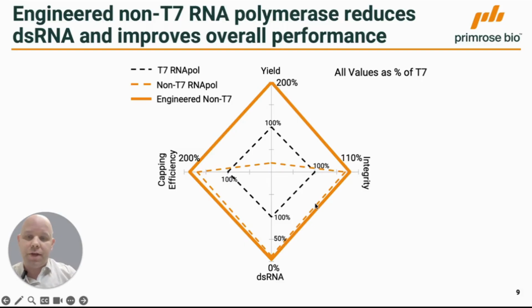That gives you an example of starting with a non-T7 RNA polymerase and engineering it into an overall high-performing enzyme, which is a viable path to generate an enzyme that can be used in mRNA manufacturing.